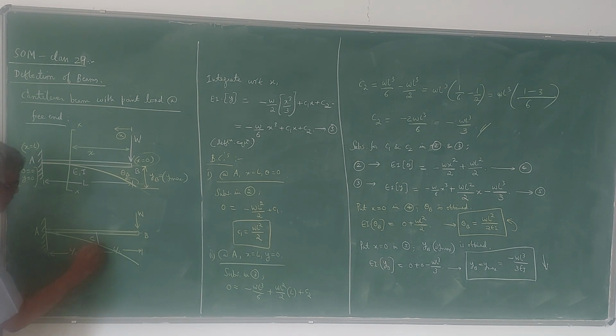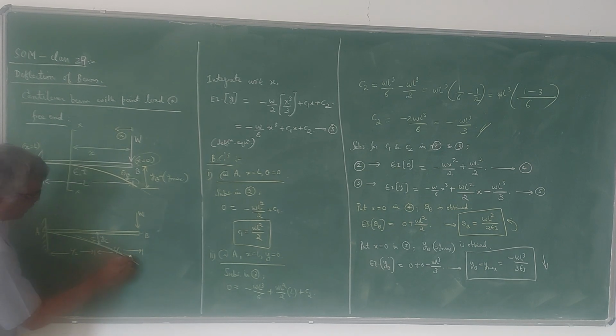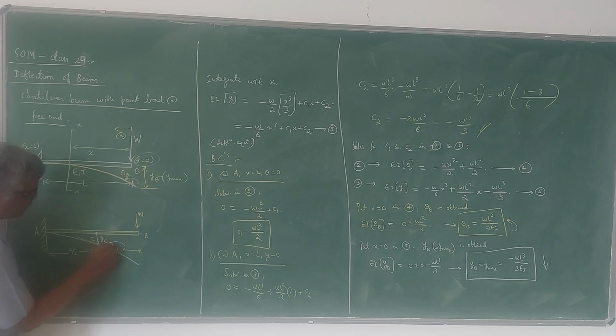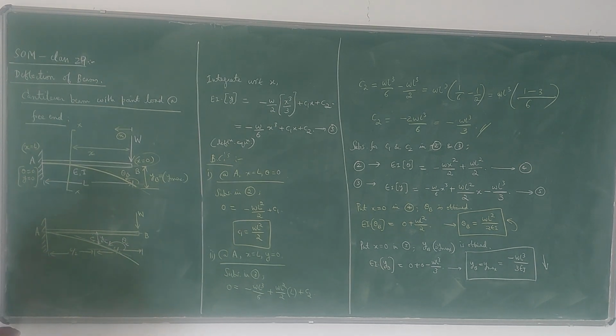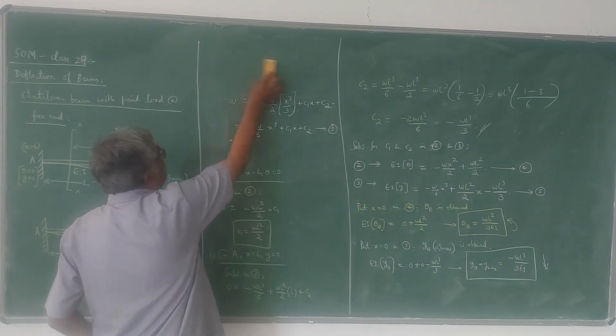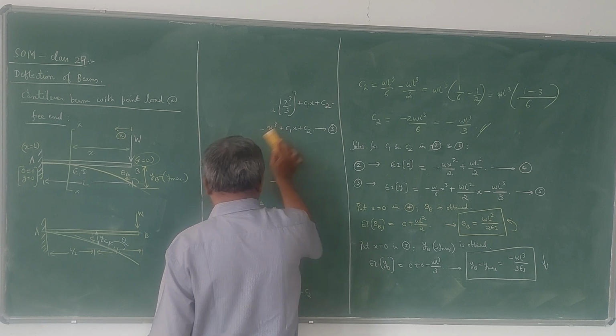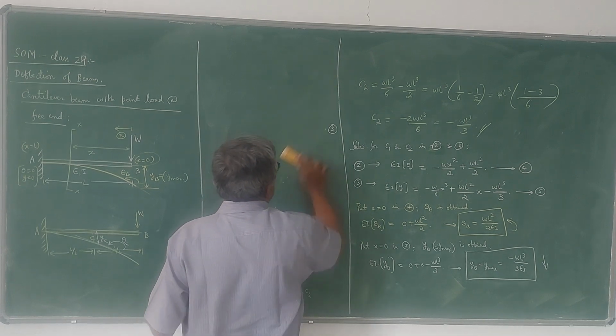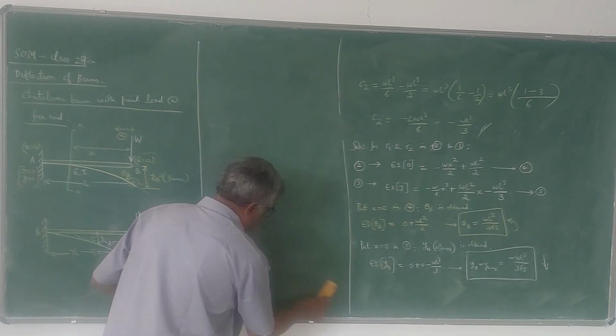Deflection at C is YC, and for slope you have to draw a tangent to the curve; whatever angle is made by this tangent with the horizontal or with the axis is theta C, the slope at C. It is not maximum. So if you want the slope and deflection at the midspan point, put x equal to L by 2 in equations 4 and 5.